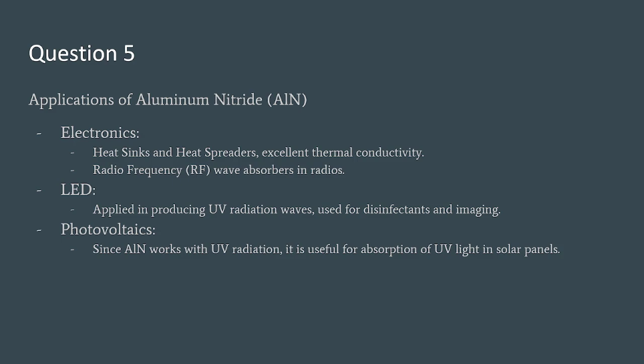Things need to be disinfected, and it's not always easy to wipe stuff down with disinfectant wipes. Usually it's easier to use UV radiation waves to kill bacteria. And for photovoltaics, since aluminum nitride works with UV radiation, it's useful for absorbing UV light from the sun into solar panels.